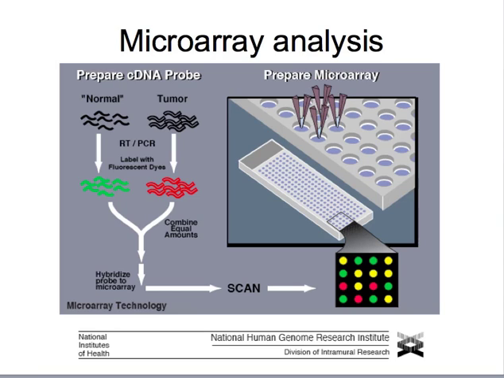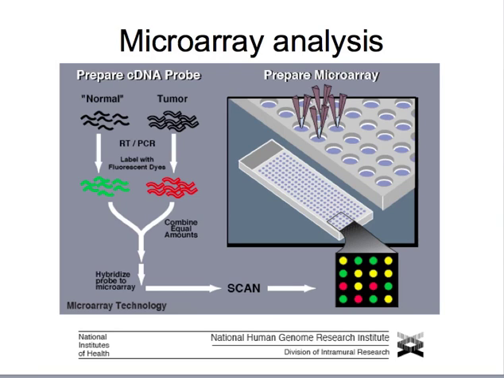You can do this by PCR, and when you're amplifying the cDNA, you incorporate some sort of fluorescent label. And here in this example, the normal cells have been labeled with a green fluorescent dye, so it fluoresces in the green wavelength, and then the tumor tissue has been labeled with a red fluorescent dye.